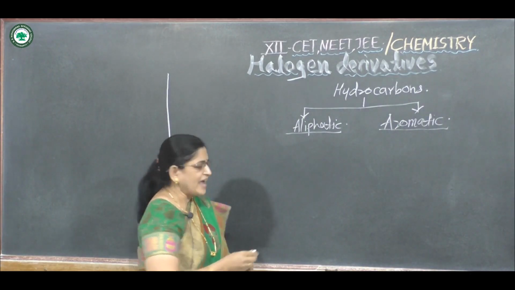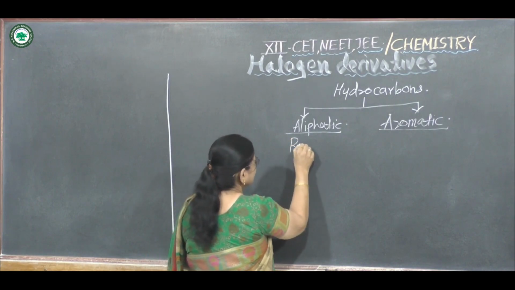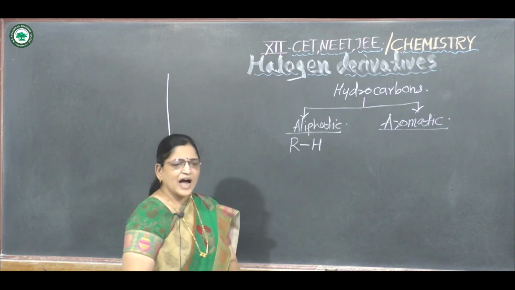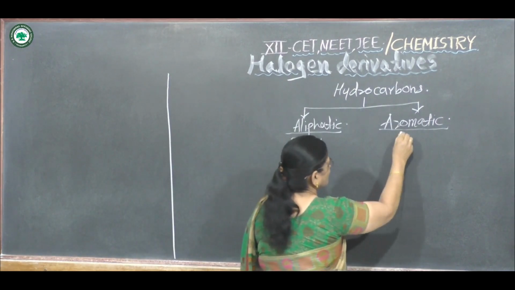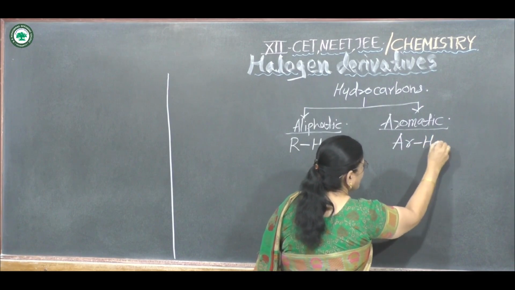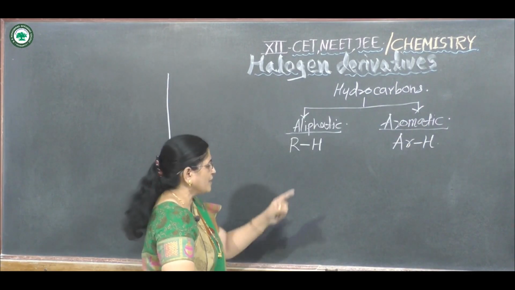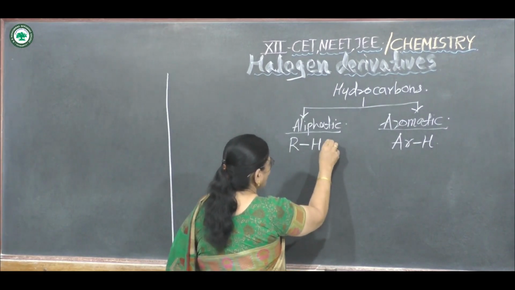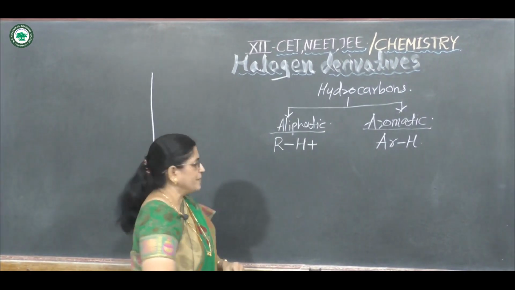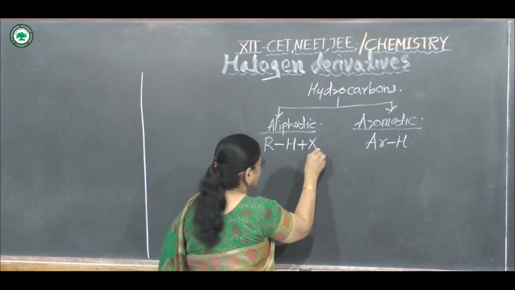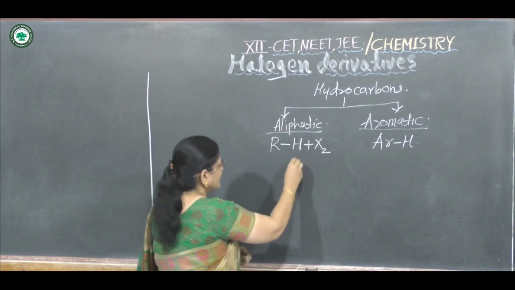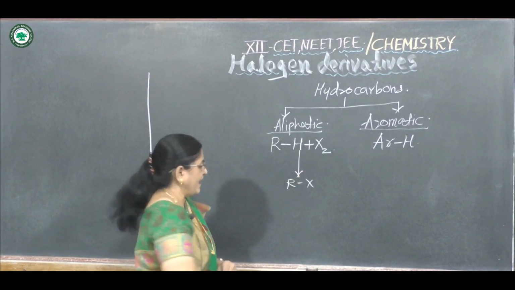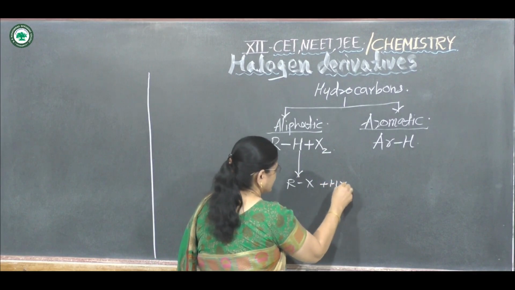For example, aliphatic hydrocarbons means RH, and aromatic hydrocarbons are ArH. If aliphatic hydrocarbon reacts with a halogen molecule, that is X2, then it gives RX plus HX.